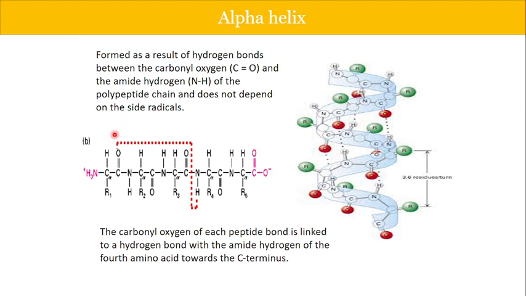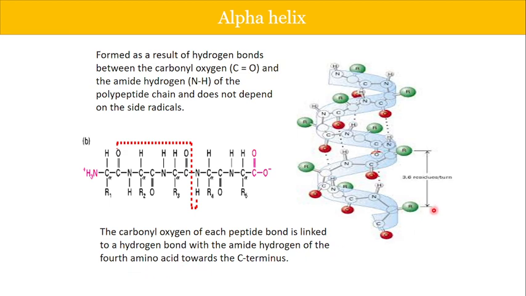If we are considering the ith amino acid and the i plus fourth amino acid, the ith carbonyl oxygen can interact with the i plus fourth amino acid's amide hydrogen, enabling the formation of the alpha helix. So the carbonyl oxygen of each peptide bond is hydrogen bonded with the amide hydrogen of the fourth amino acid towards the C terminus.